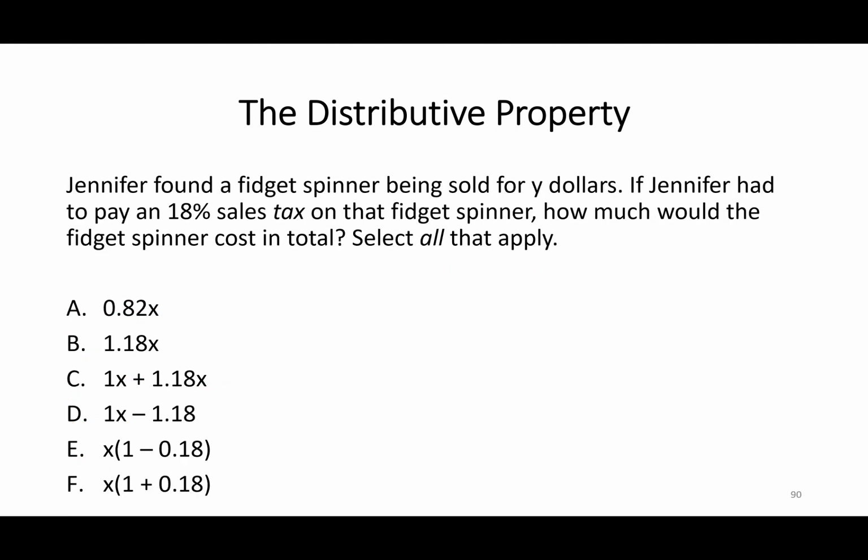Jennifer found a fidget spinner being sold for Y dollars. Okay, if Jennifer had to pay an 18% sales tax, I'm adding, on that fidget spinner, how much would it cost in total? If it's the total, I'm doing 100%, my original, plus 18%.